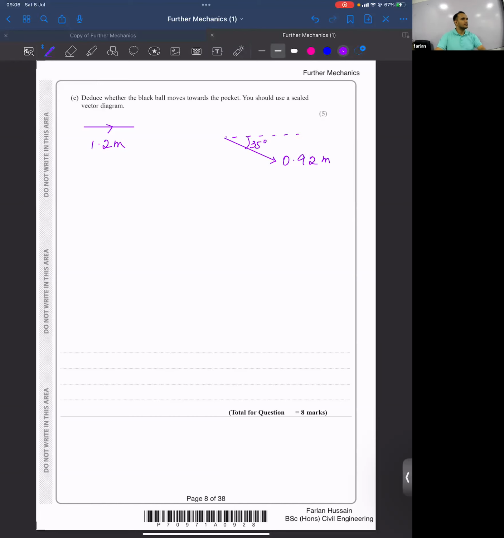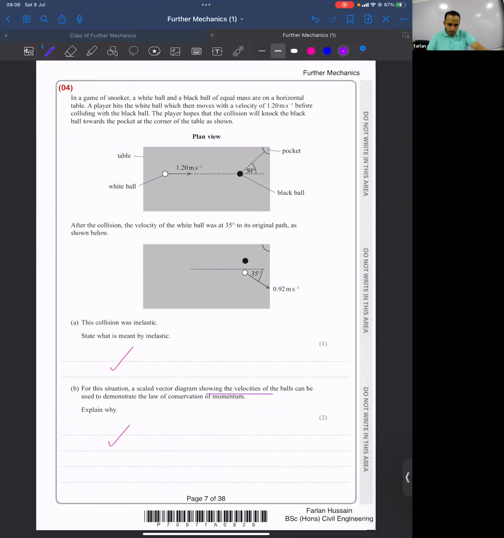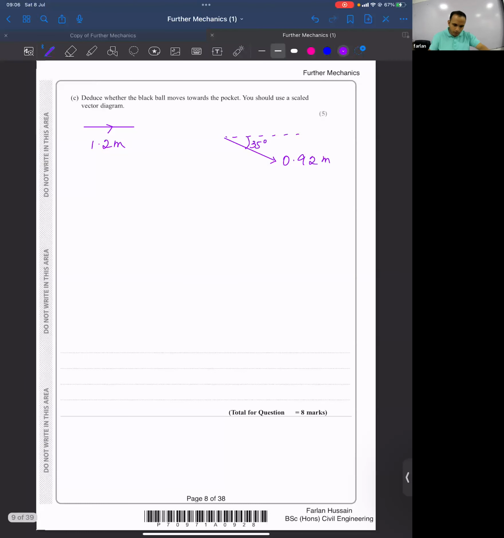Okay, this is the momentum of the white ball. So the momentum of the black ball is, do we know the speed of it? No, we don't know. We don't know the angle as well. So I'll take it as mv, its velocity is v, the mass is m, and the angle I'll take as theta.